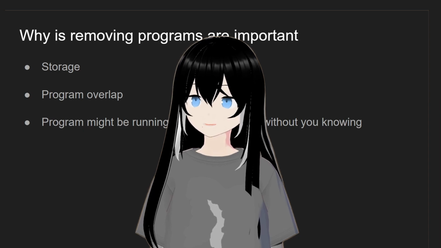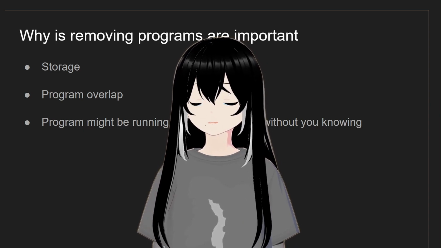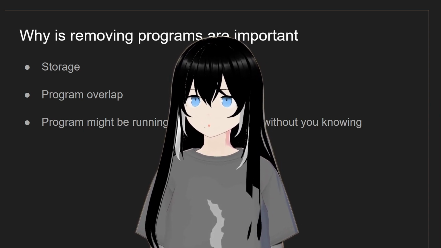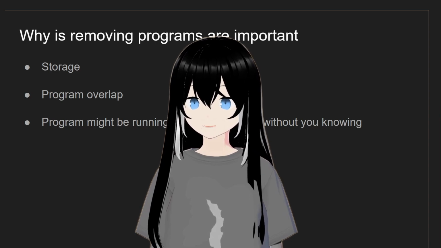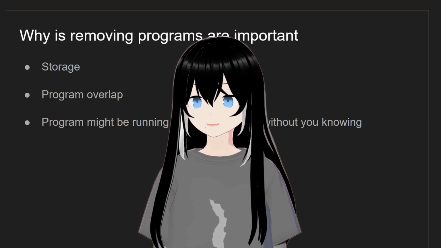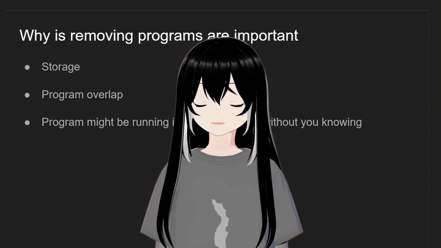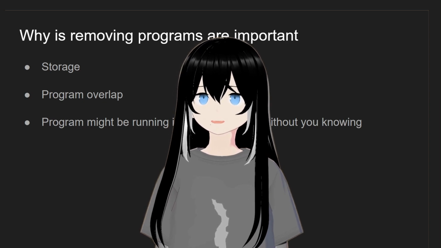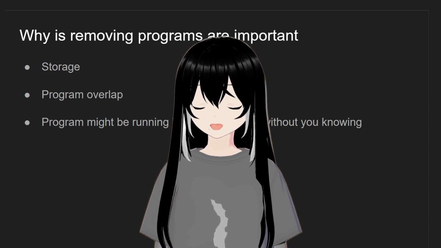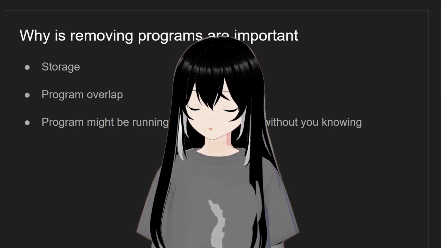The next part is programming overlap. This is mainly a thing relating to programming languages specifically, and of course other stuff. But basically, you can install older versions of Java. Let's say you can install Java 1 if you want, the original version of Java. I don't know why you would want to do that, but you could if you want to.